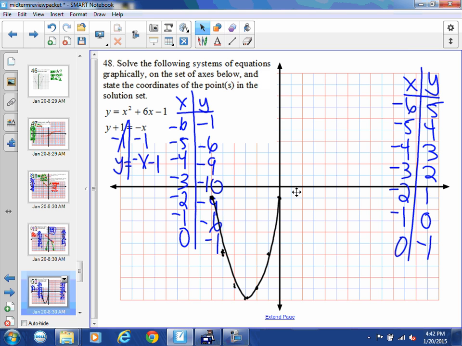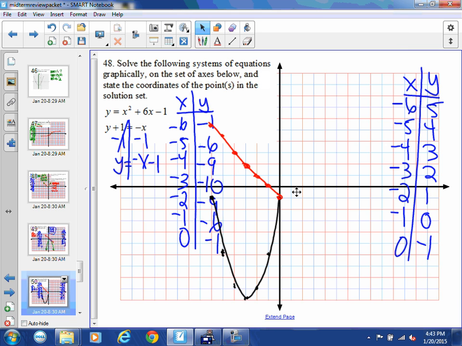Go. I plot my line. Negative 6, comma 1, 2, 3, 4. Ugh, it's a little ugly. Negative 5, comma 4. Negative 1, 2, 3, 4, comma 3. I plot my points. I draw my line.